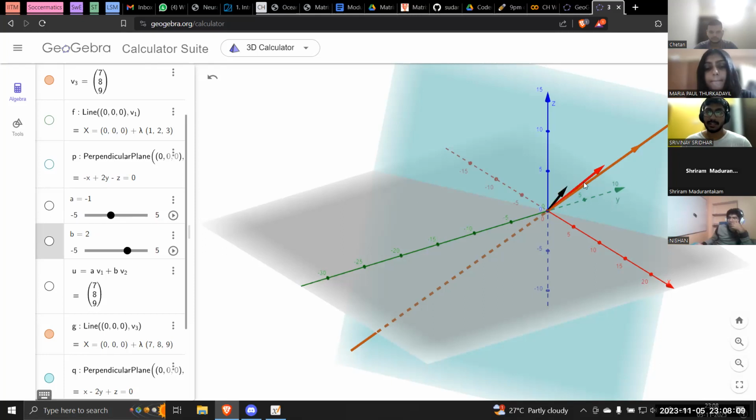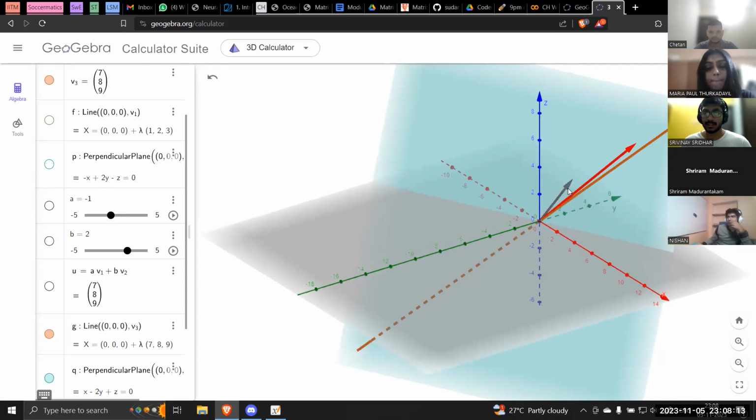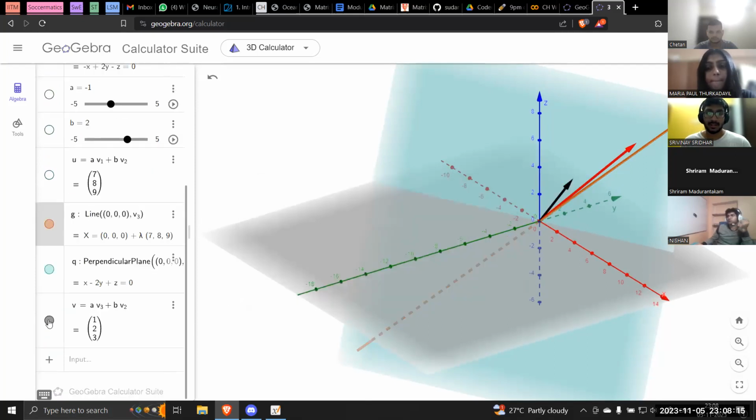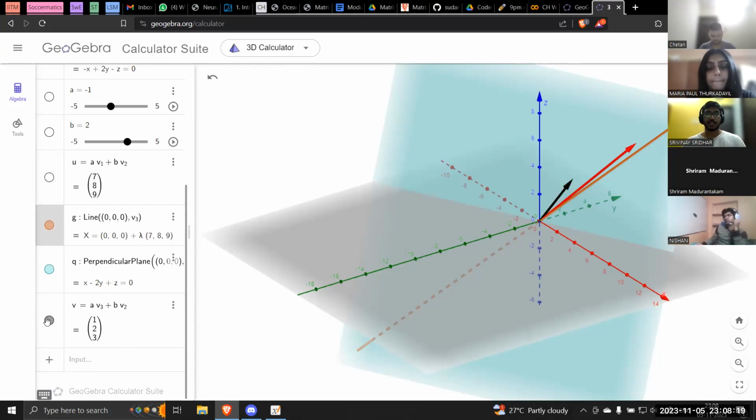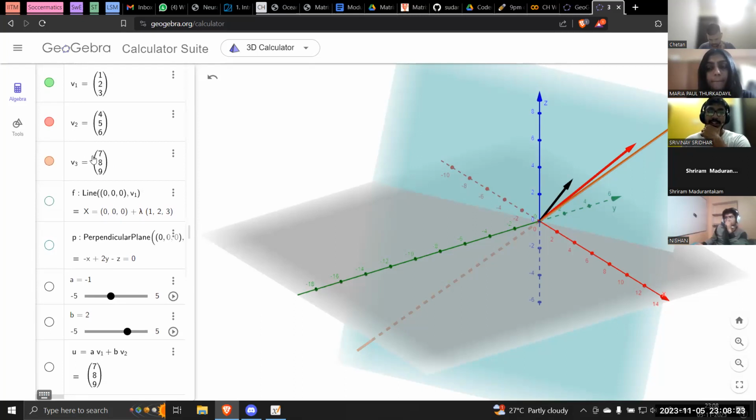And there I have reached that green point. The black vector is on top of the green vector, right? Let me hide it and unhide it. It's the exact same vector, 1, 2, 3. So I was able to manufacture 1, 2, 3 using 4, 5, 6, and 7, 8, 9.